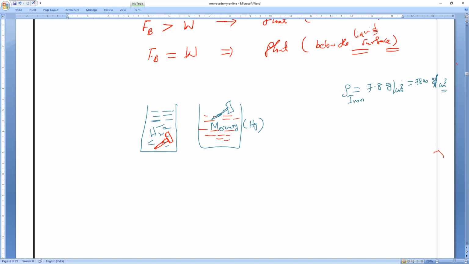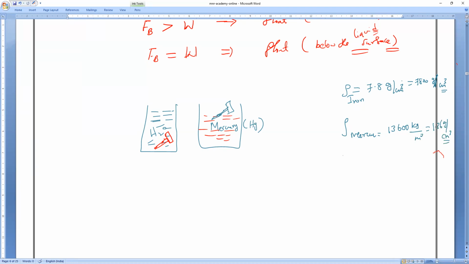Is that understood, everybody? Now, if I take the density of mercury, it is 13,600 kilogram per cubic meter, or we can say 13.6 gram per cubic centimeter.